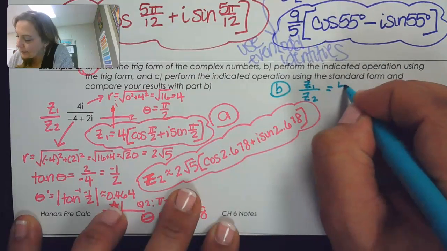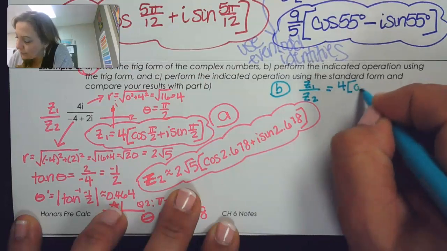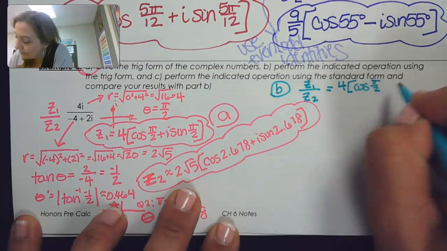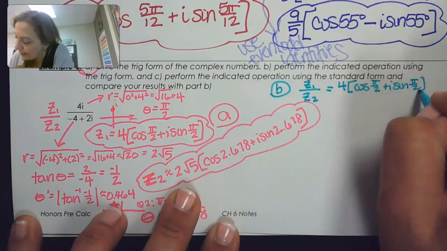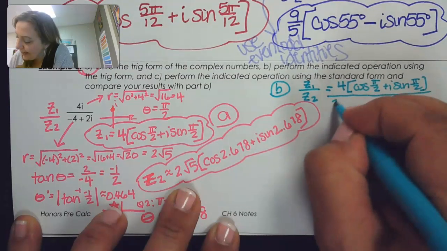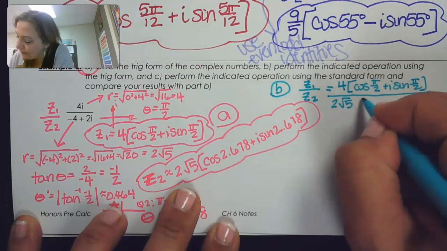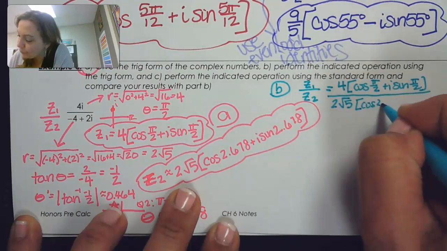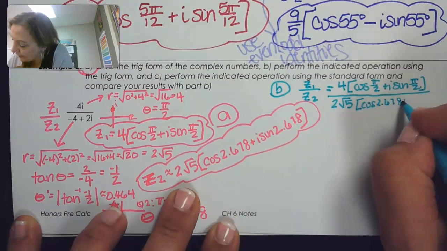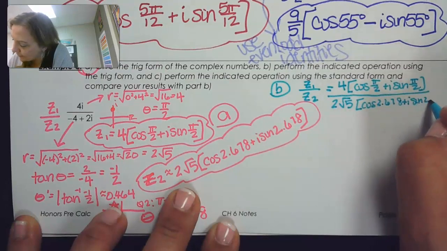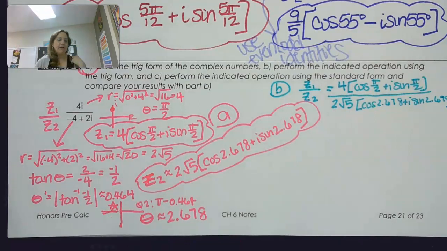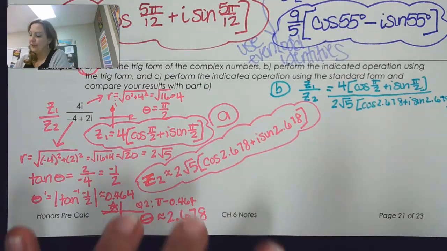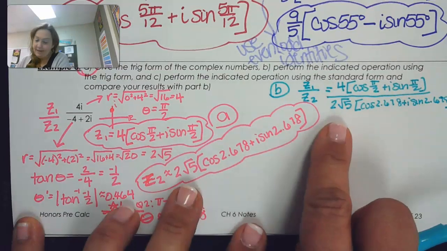So I'm going to take this 4 times the cosine of pi halves plus I times the sine of pi halves, and then divide that by 2 root 5 times the cosine of 2.678 plus I times the sine of 2.678.